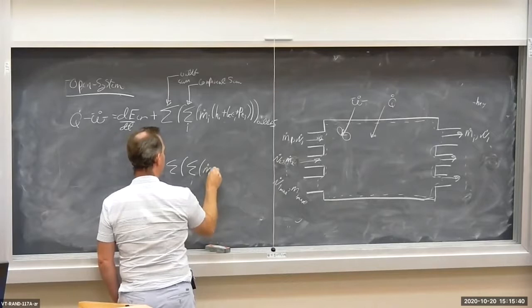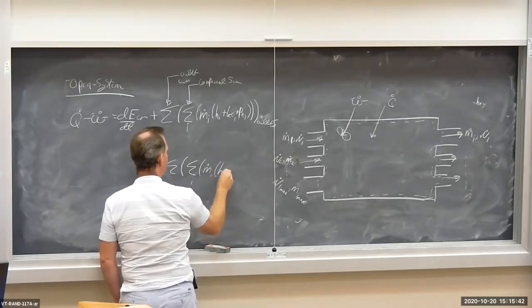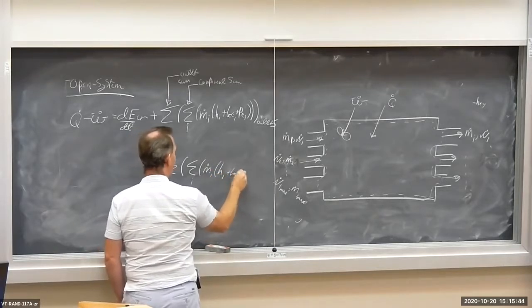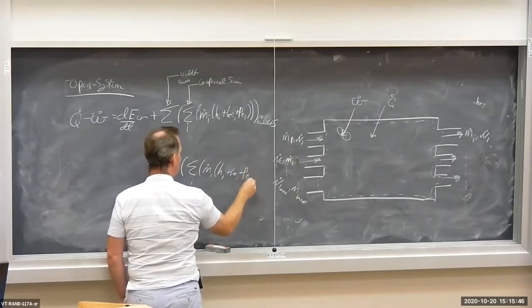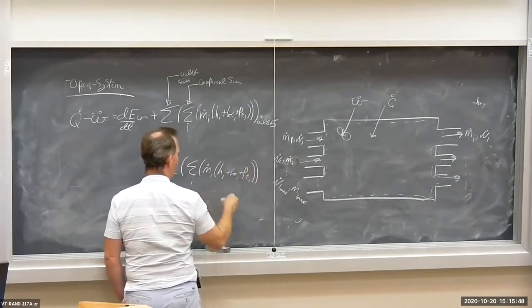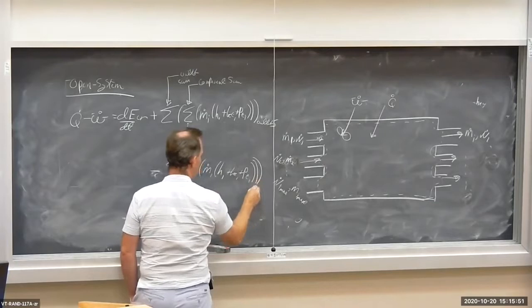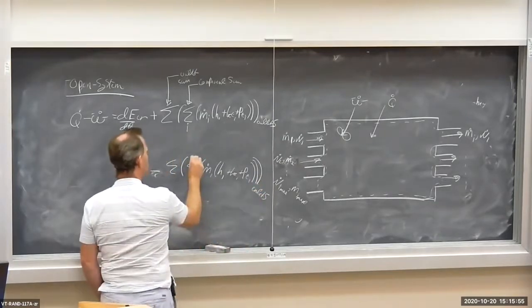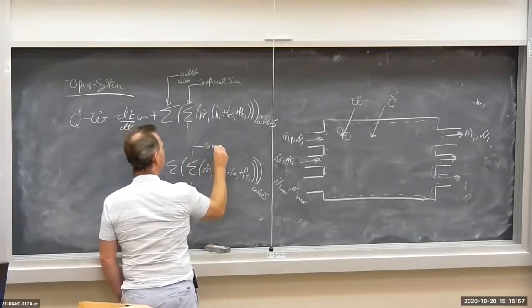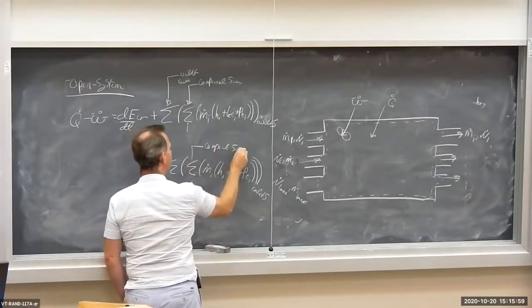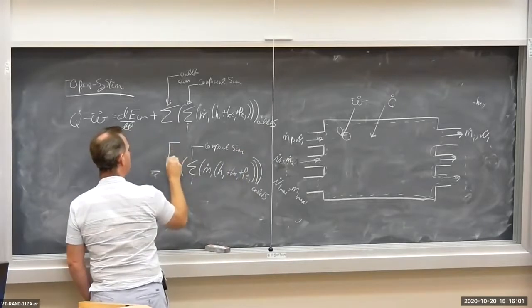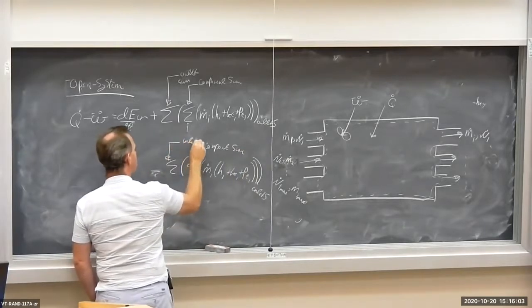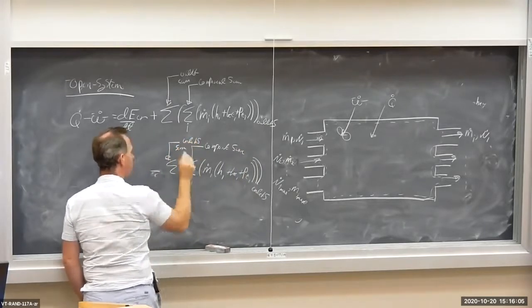M dot I, H I, KE I, PE I, summed over all components, summed over all inlets. Okay?